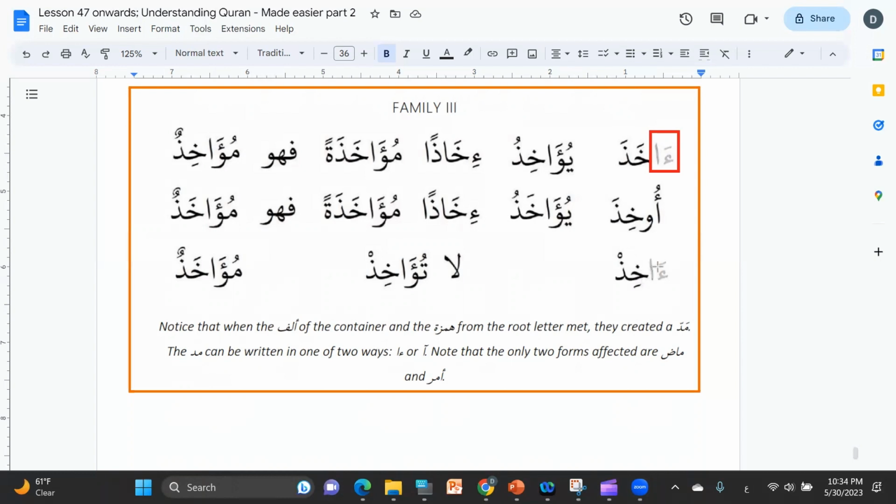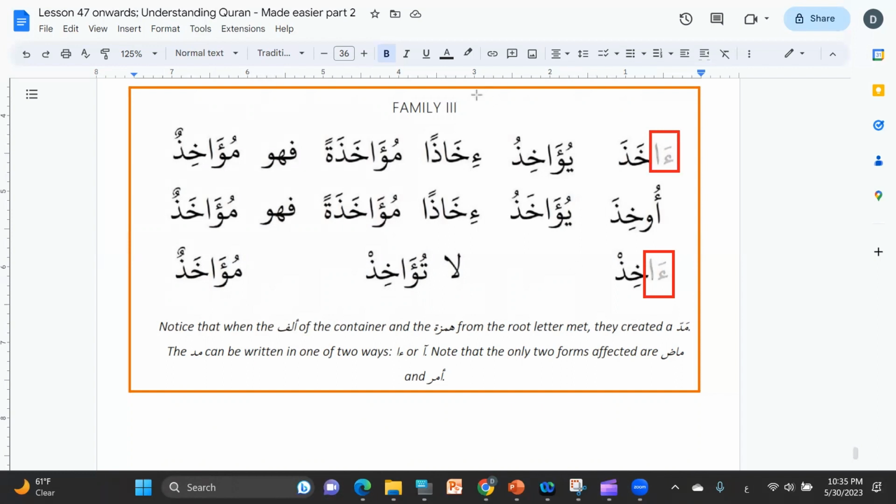Two hamzas together, so akhiz. Otherwise it's okay. Ikhazan is smooth, it's not jerky. So there's no irregularity over here.